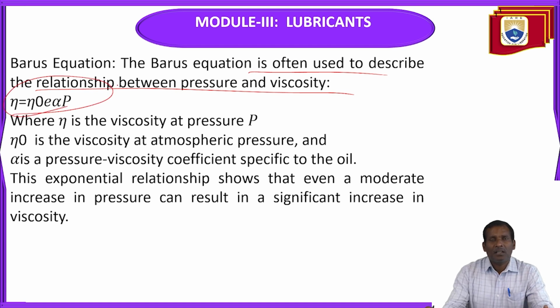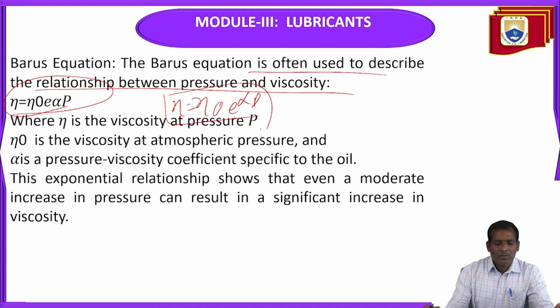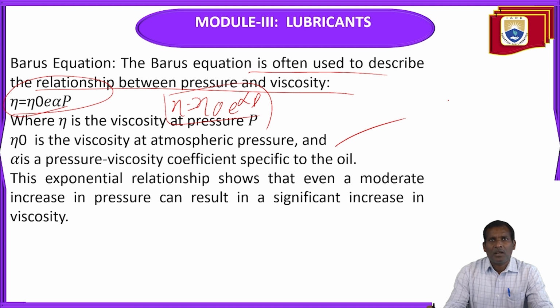Eta is equal to eta naught e to the power of alpha P, where eta is the viscosity at pressure P, eta naught is the viscosity at atmospheric pressure, and alpha is a pressure viscosity coefficient specific to the oil.